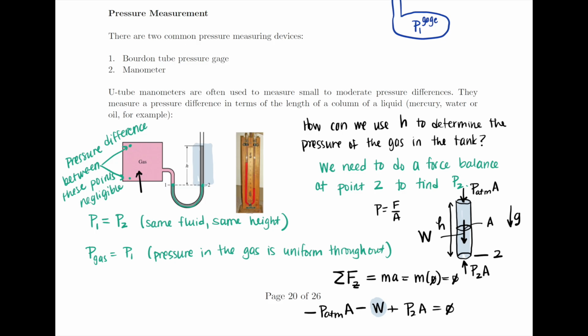You can imagine if the gas in this tank was at really high pressure, you would need that volume of fluid to travel a large distance, and you'd also have to have a lot of fluid in that system. So it's not practical for really high pressure applications, but for small and moderate pressure differences, this is a really good tool to use.